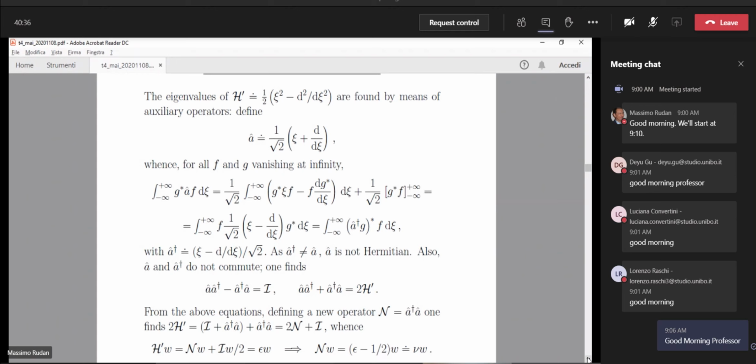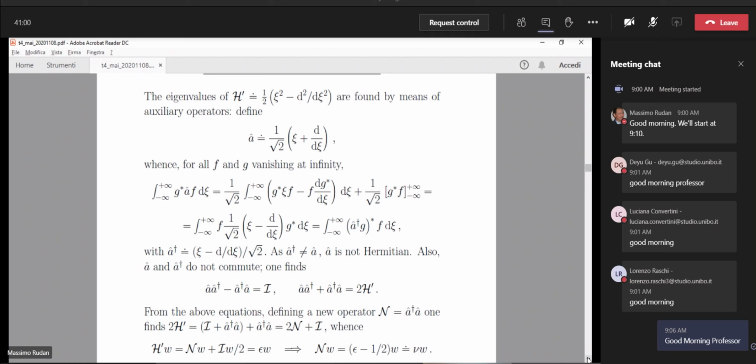So it is just an integration by parts, okay? But you see immediately that since g and f vanish at infinity, the term in brackets, g star f limited at minus infinity and plus infinity, is equal to 0.